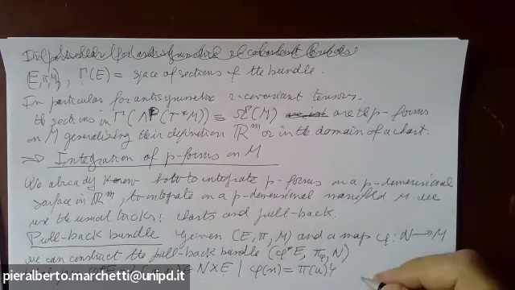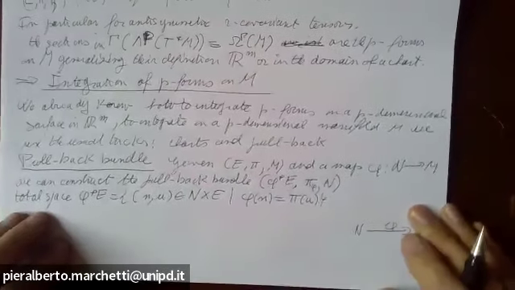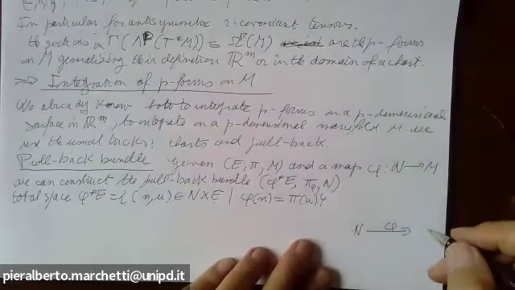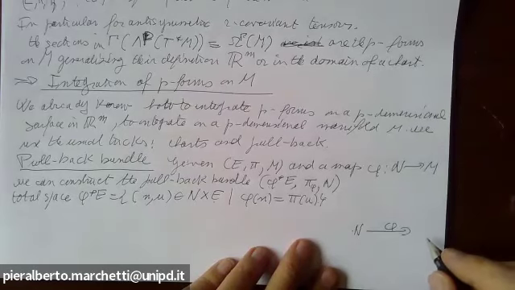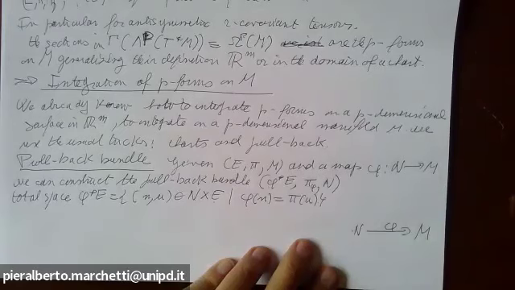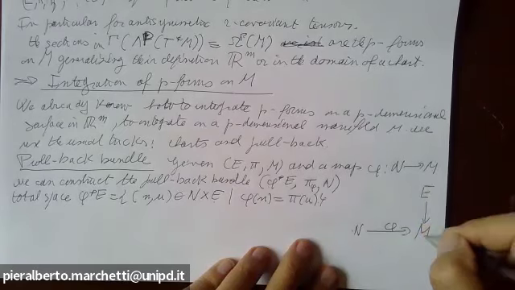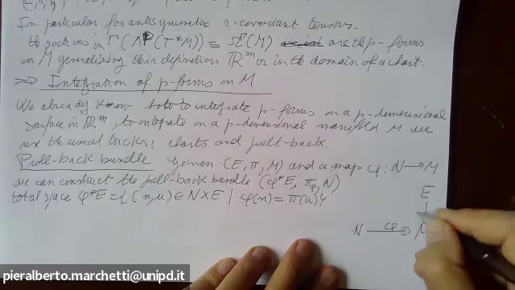So let me maybe make a picture. You have N, you have a map phi to M. Then you have a projection from E to M. That's called pi.